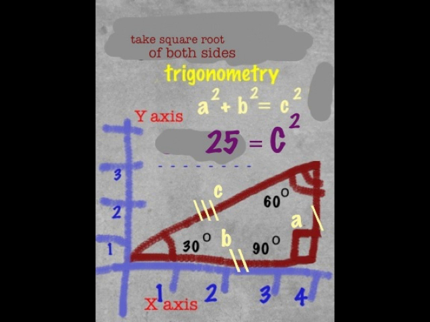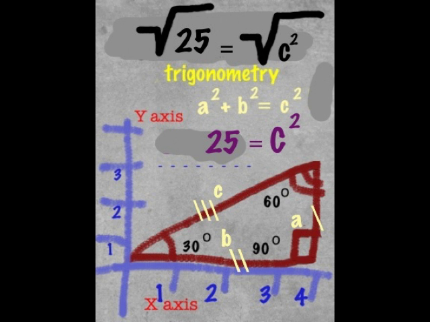Now what we're going to do is take the square root of both sides so that we isolate c by itself. Square root of 25 equals the square root of c squared. In higher math, what you'll know is that there's a cubed root, a fourth root, etc. But when we write square root, we don't write a little number where that little v is, but it's inferred to be there.